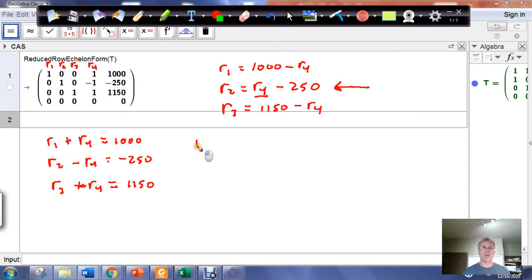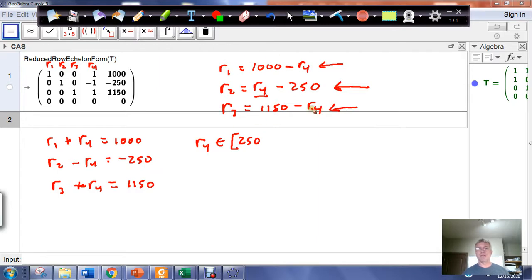And 0 would be the lowest flow rate that road 2 could have. So road 4, I can start to hone in on its domain. Where is it allowed to be? The lowest it can be is 250. If we go below 250 cars per hour, we get a negative flow on road 2, which isn't possible. And if I look at the other two equations, I'm going to see that it puts a maximum on the flow rate for road 4. Because here, if I go over 1,000 cars per hour, I would get a negative flow rate on road 1.